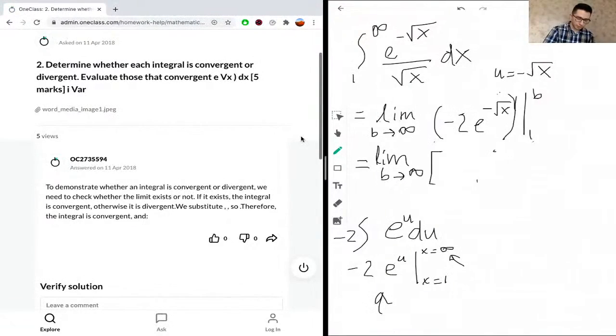I'll put this in square brackets. To make it a little simpler, we'll take the negative 2 to the front. And then we're evaluating e to the negative square root b, minus e to the negative square root 1.